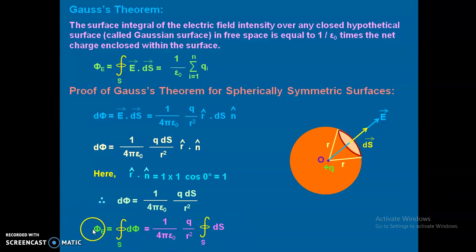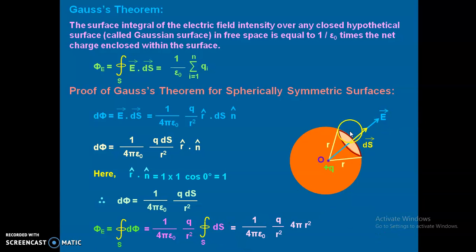Now the net electric flux phi is equal to the integration of d phi over a closed surface, 1 upon 4 pi epsilon naught, q upon r square, integration of dS over a closed surface, right? Since we have integrated both sides, here d phi will be integrated and here dS will be integrated.